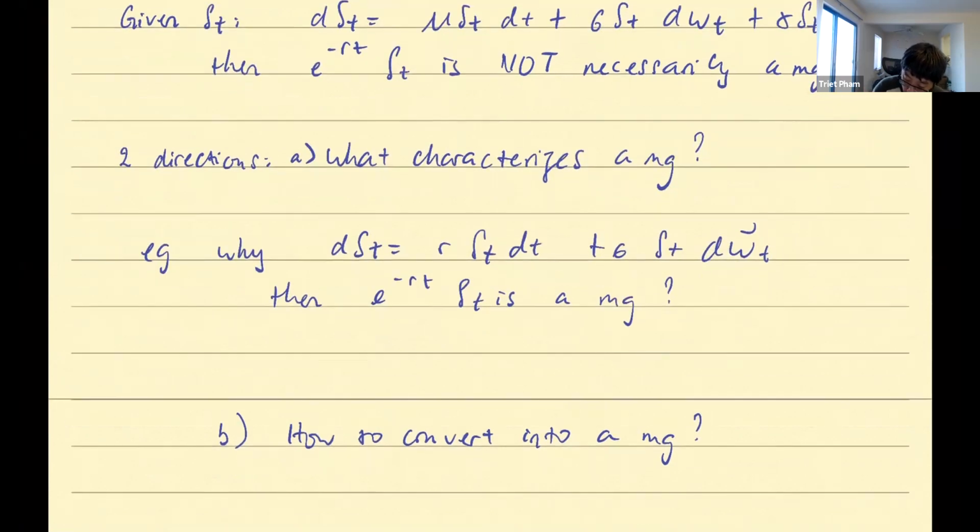And of course, the answer here is a change of measure approach, change of probability. Okay, and I hope this change of measure is probably one of the most mysterious aspects of pricing.